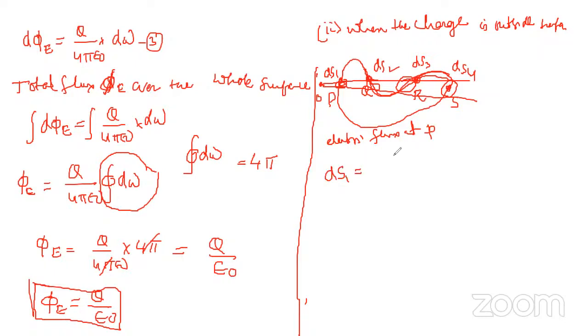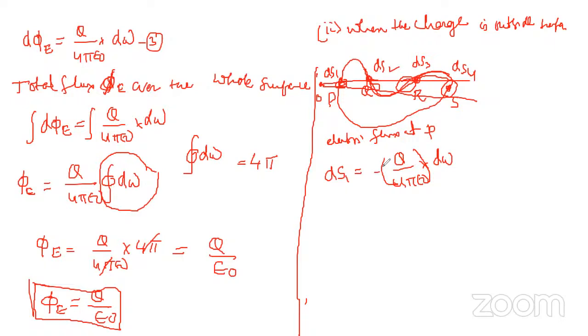According to the formula, we know that it is Q by 4 pi epsilon naught into d omega, and here you will get a negative sign. dS1 is equal to minus Q by 4 pi epsilon naught into d omega.